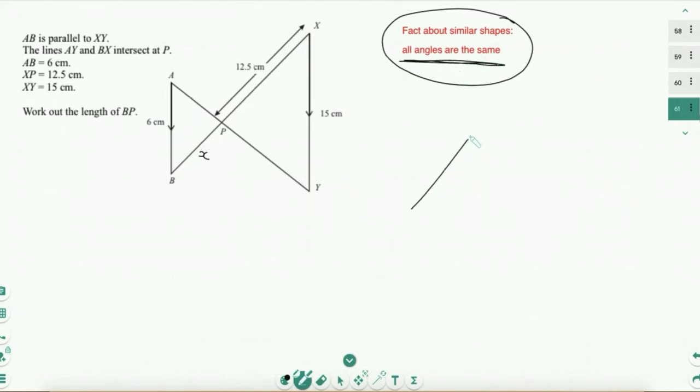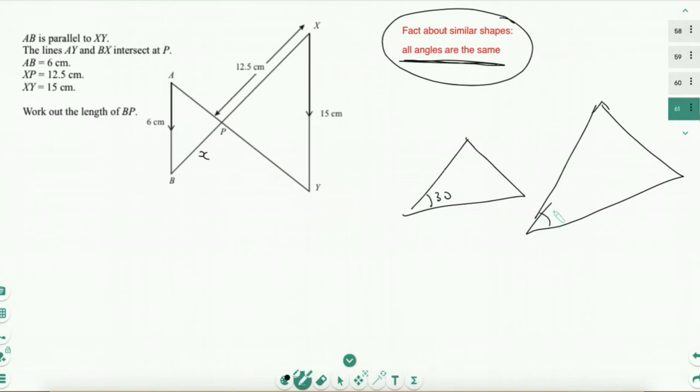So for example, if I drew two triangles, and this angle is 30, this angle is 30, this angle is 70, this angle is 70, 100, this must be 80, 80. Since the angles are the same, we know that these two triangles are similar.